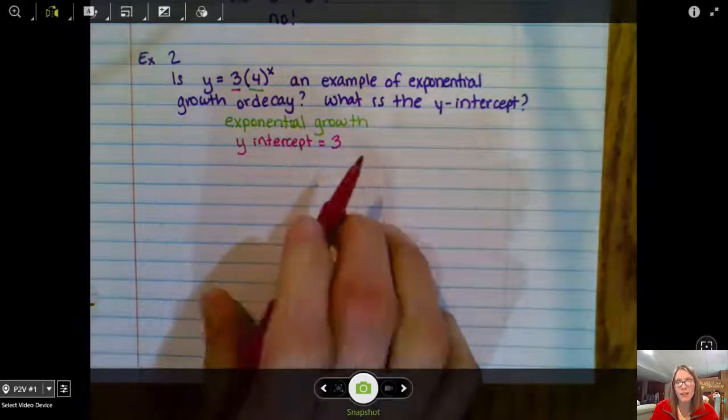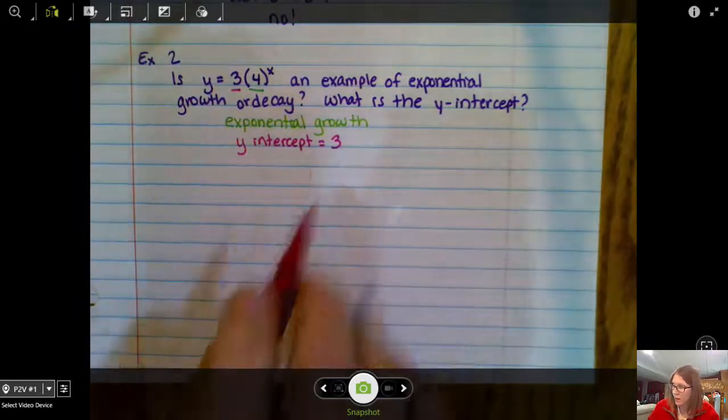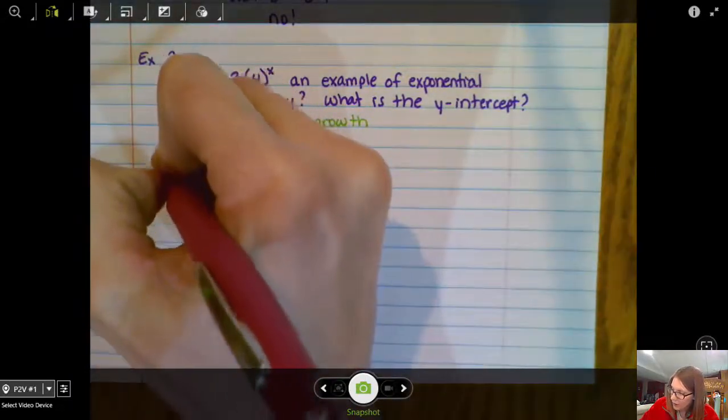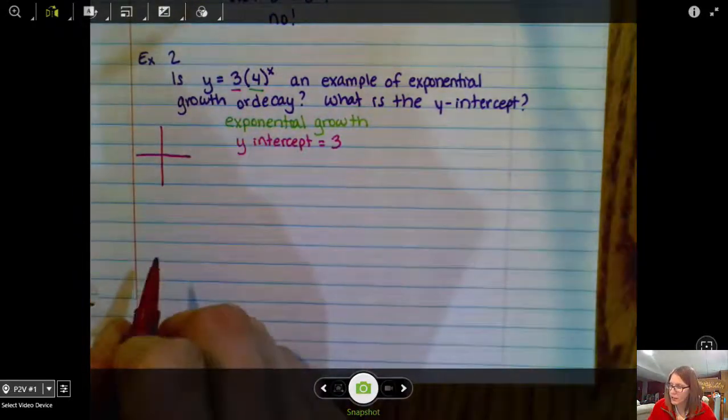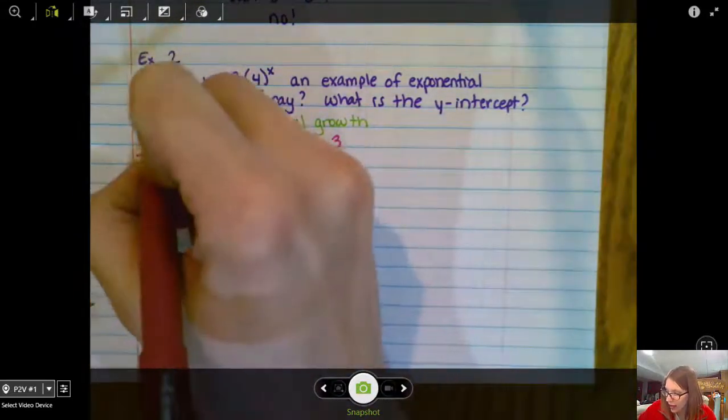Now, something else to keep in mind and to remember, if I look visually for a second at a graph, keep in mind that the y-intercept happens when your x value is 0.